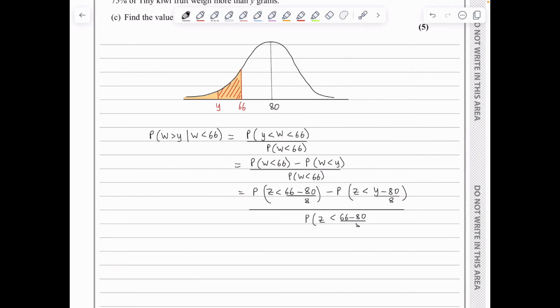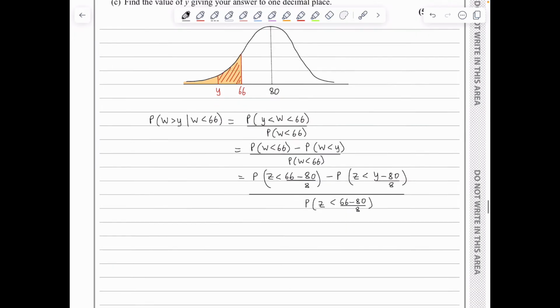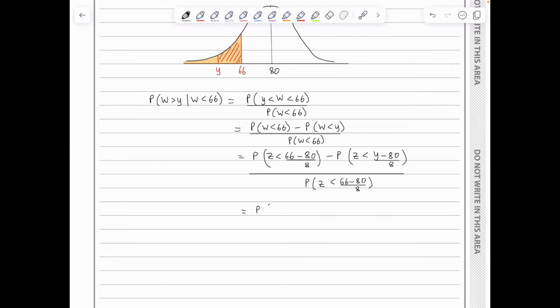Well, this leads to the probability of Z being less than minus 1.75 minus the probability of Z being less than Y minus 80 over 8, and all of it over the probability of Z being less than minus 1.75.